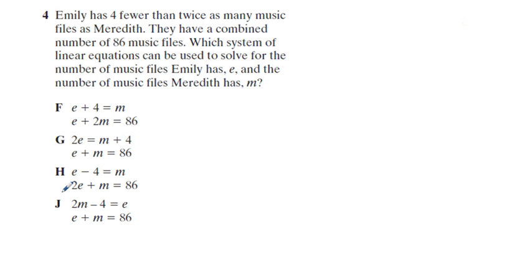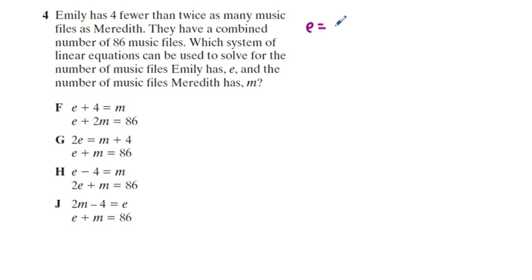Next, problem 4. Stop the video, see if you can solve this, and restart. See if you got the right answer. Okay, let's see. So we'll say E equals, they're talking about music files, right?